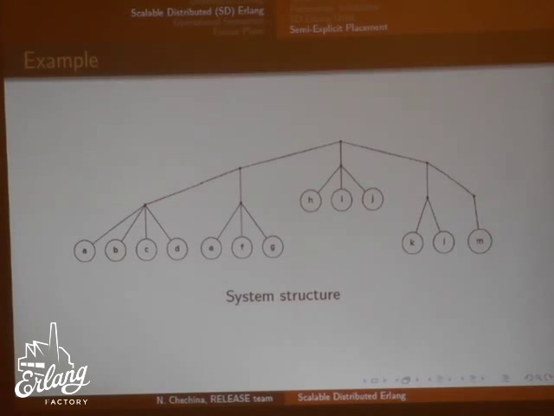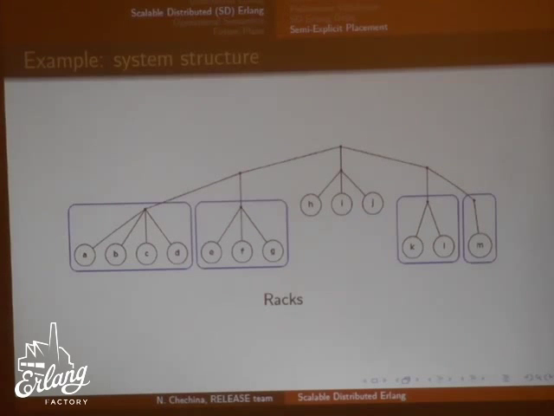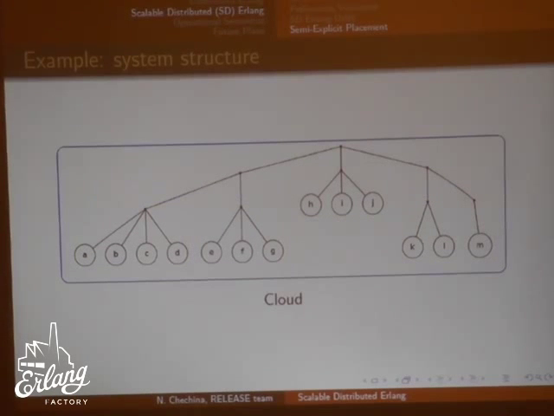And here we can imagine the structure of our system as something like a tree, right? So, for example, these are racks, and those are clusters, and this is the cloud.